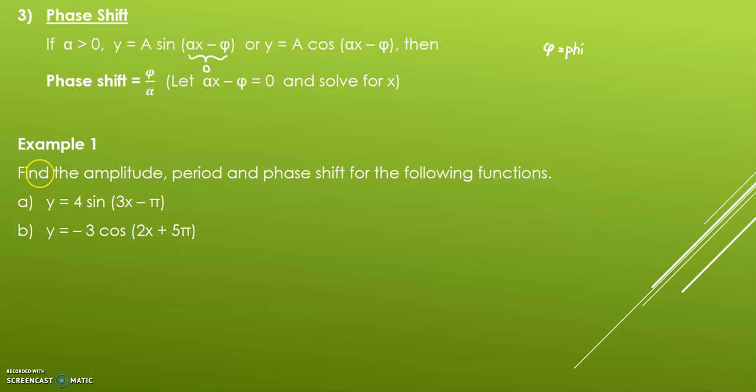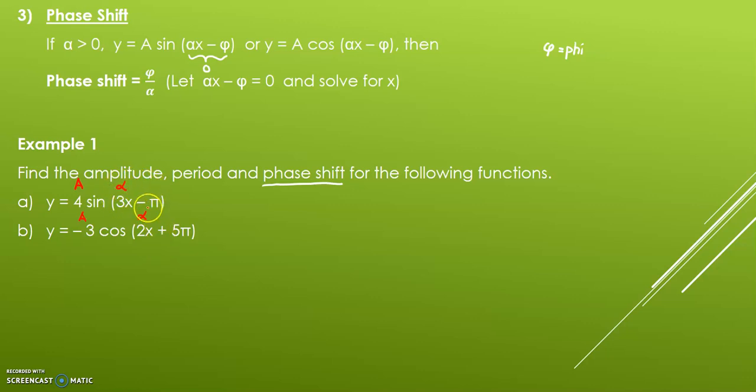Let's say question A, example 1, find the amplitude, period and phase shift. Now we need to find the phase shift for the following function. This is the value of the amplitude, and this is the value of alpha.